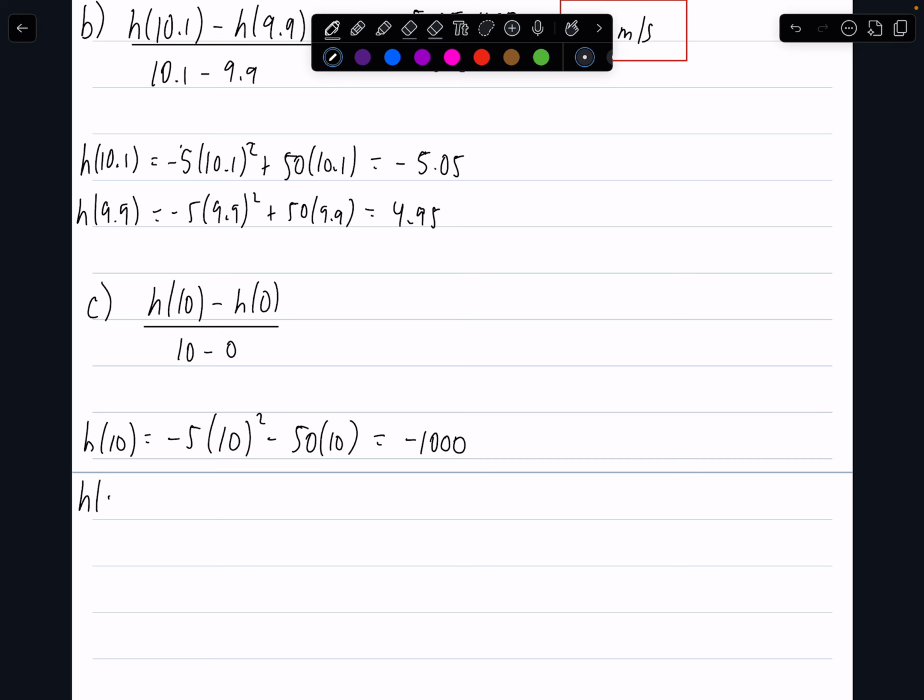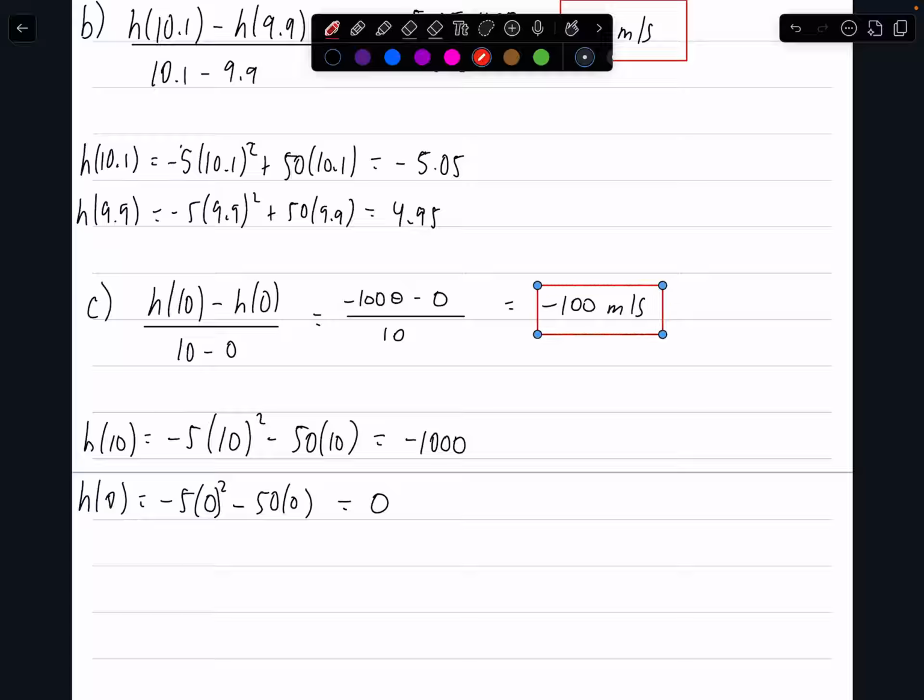And we have h at 0, which is 0. So we plug this in, we get negative 1,000 minus 0 all over 10. And then negative 1,000 divided by 10 is negative 100 meters per second. Cool. And that's our answer.